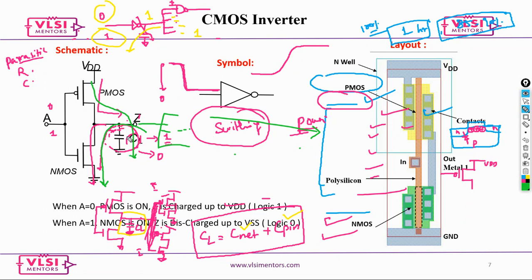Because of the switching, charging and discharging, the power consumed comes under switching power. The equation for the switching power is alpha C V squared f. So remember this: alpha C V squared f. You can call it P switching.